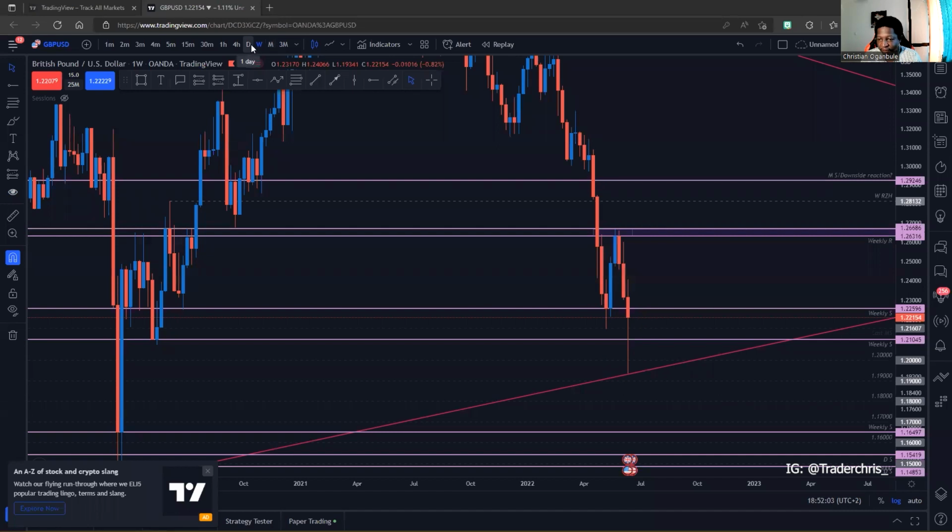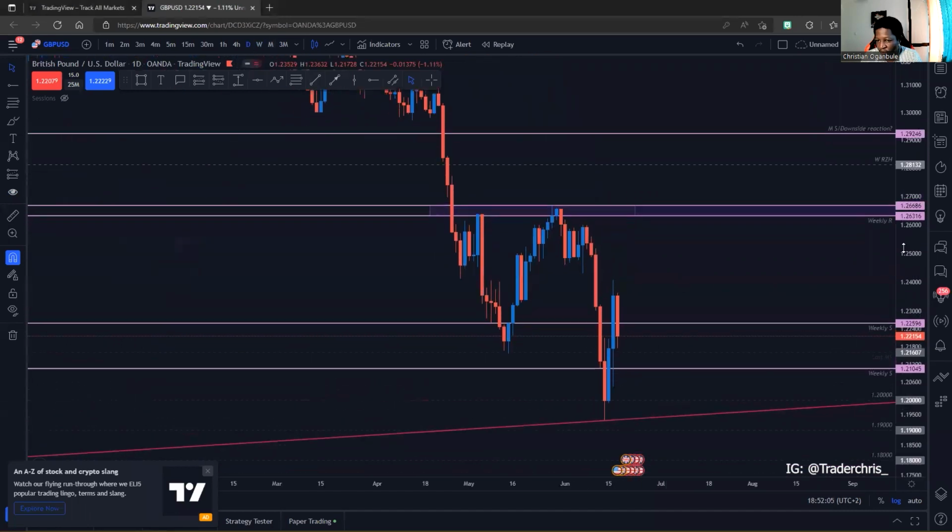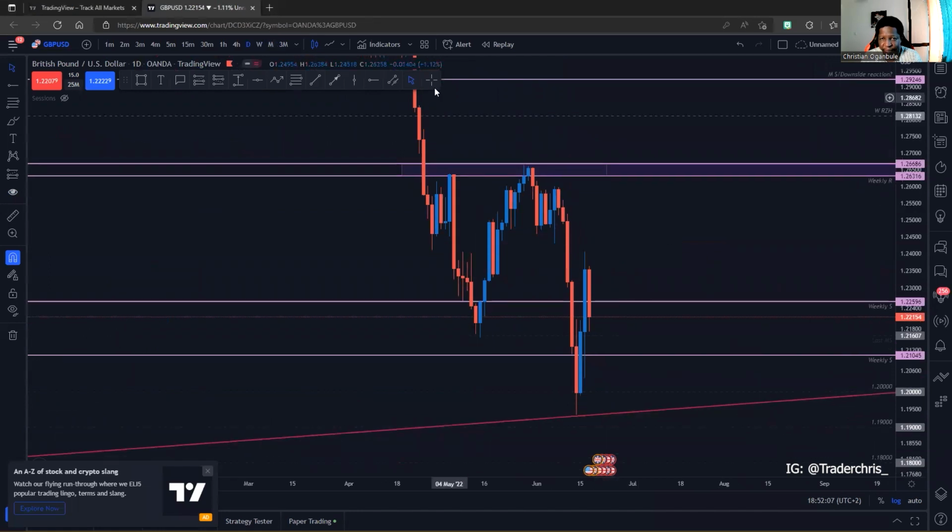However, if you look much more closely at the daily time frame, I would also, in addition to this weekly level, be paying attention to how price reacts at this previous level of support on the daily time frame.